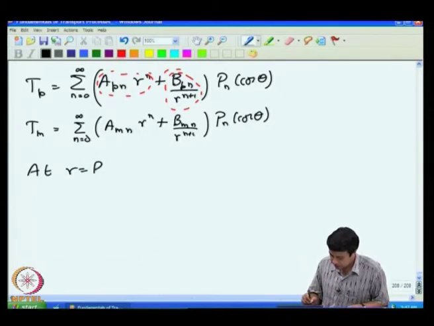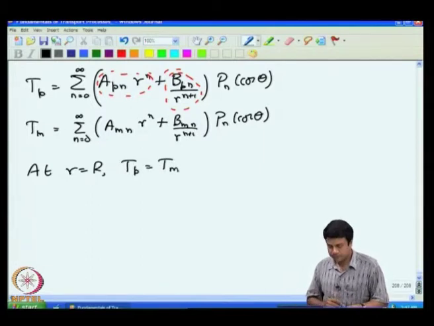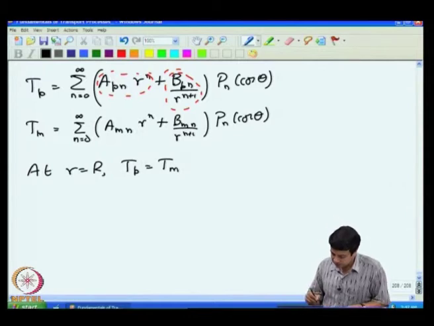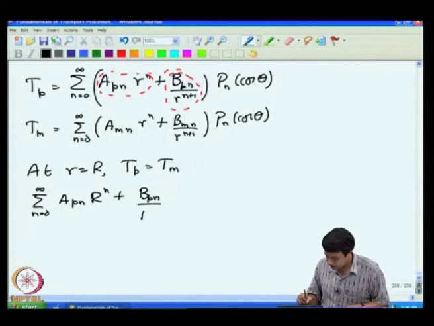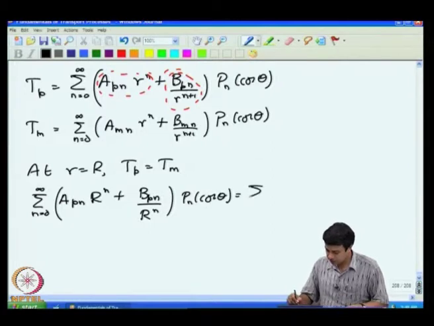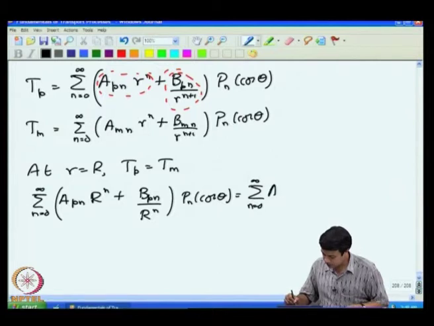At the surface, at r is equal to capital R, I require that Tp is equal to Tm, which means that summation n is equal to 0 to infinity of Apn r^n plus Bpn by r^(n+1), Pn of cos theta, is equal to summation of Amn r^n plus Bmn by r^(n+1) times Pn of cos theta.